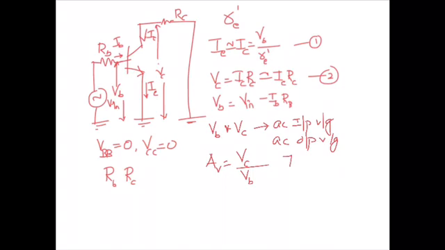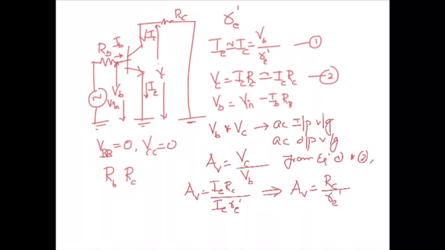Now from equations 1 and 2, if we do the substitution, AV will be equal to IE into RC divided by IE into RE bar. This in turn results in the voltage gain AV equal to RC divided by RE bar.